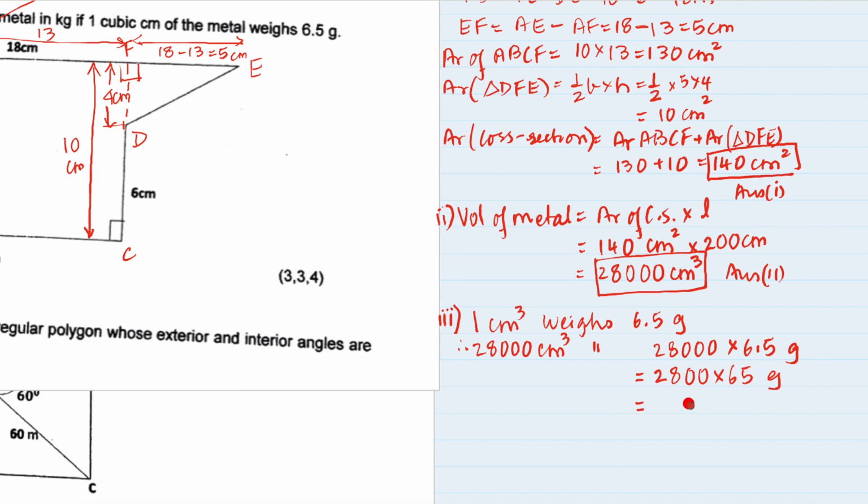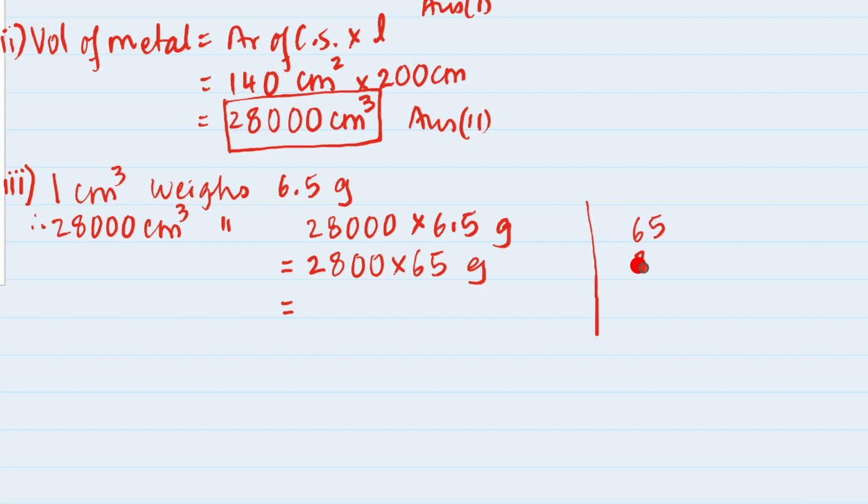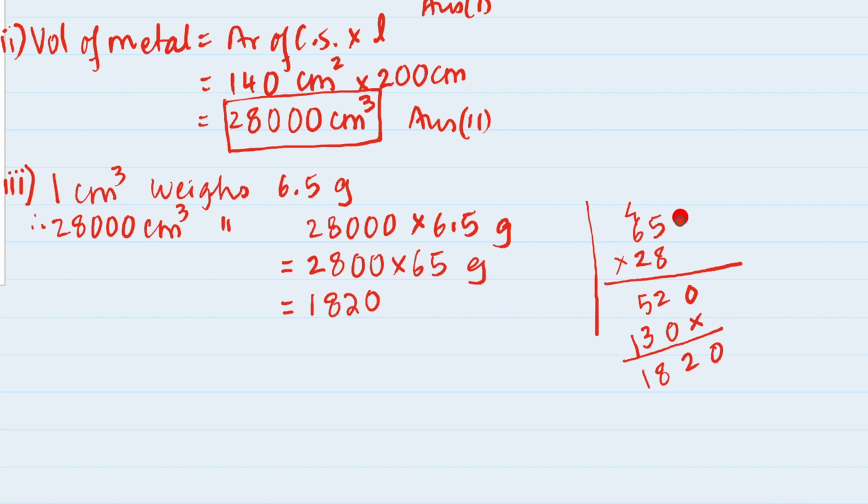Now let us have the product. So 65 multiplied by 28, 8 5s 40, 8 6 48, 52, so it is 1820. That is 65 into 28 and these two zeros.